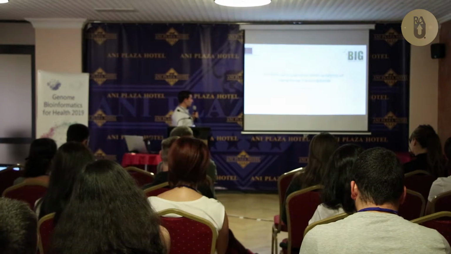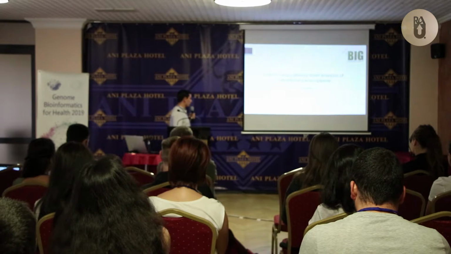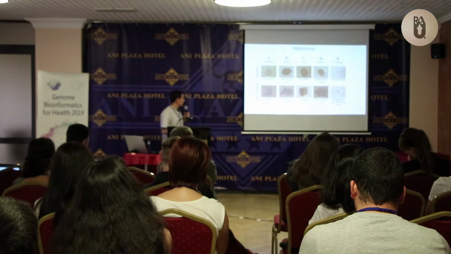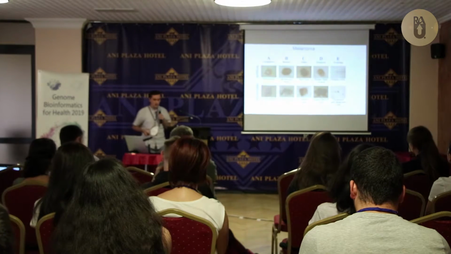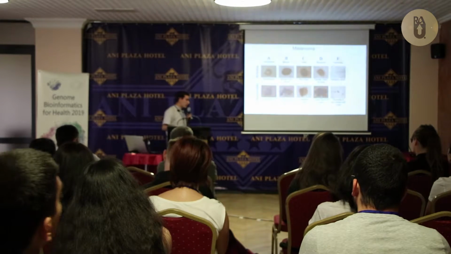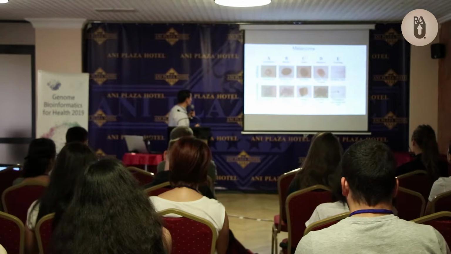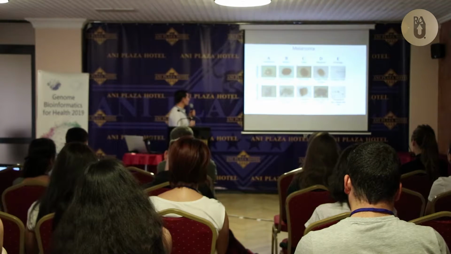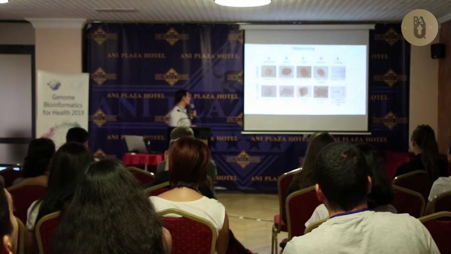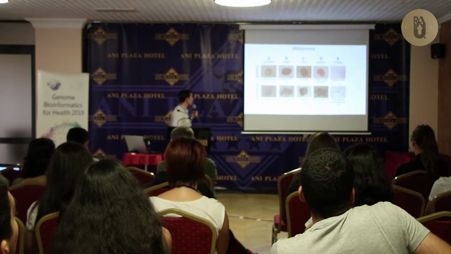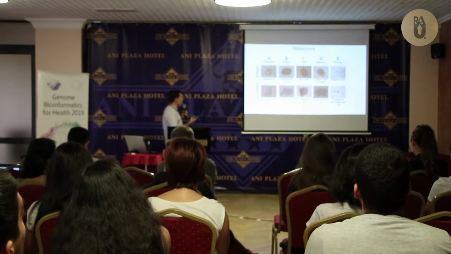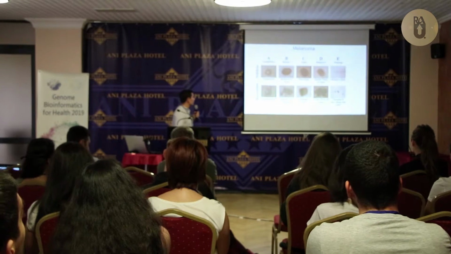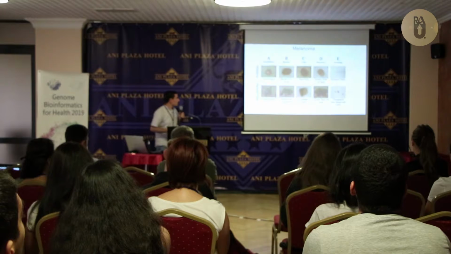So basically, the study is about melanoma transcriptome, and let's briefly discuss what melanoma is. It's a type of cancer which occurs in melanocytes, mainly in skin and rarely in other places. There are 5 different types to classify the melanoma.